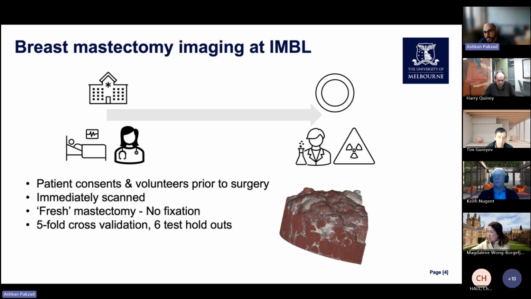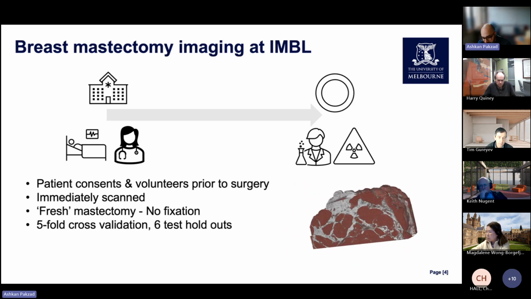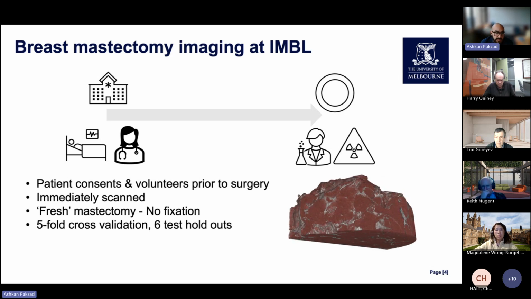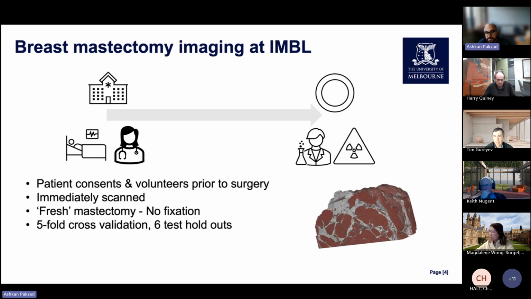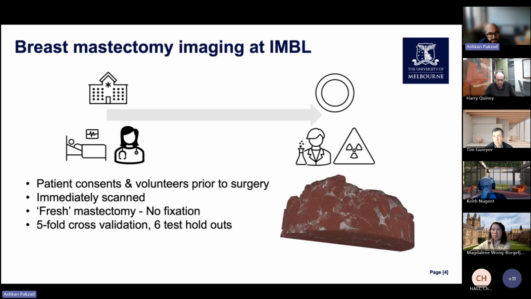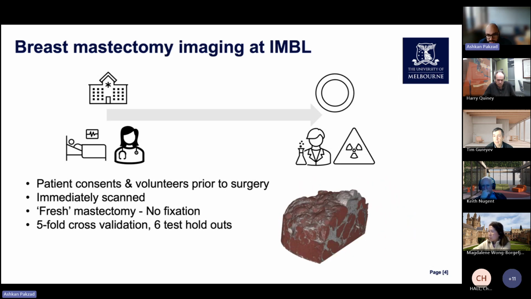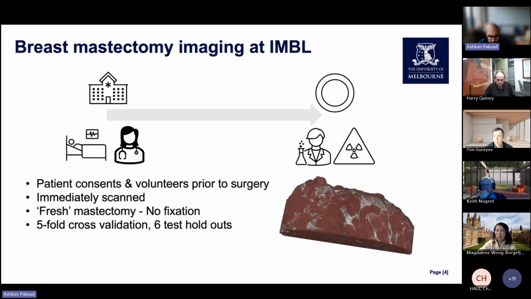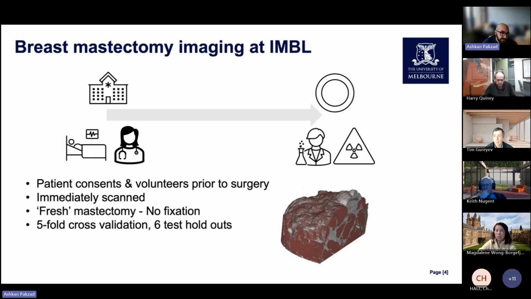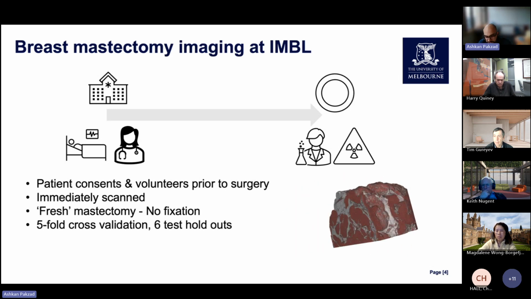And this is part of an ongoing project. And specifically in this study, we have been imaging 34 breast samples, where 6 of them have been held out for testing, and the remaining have been split into 5-fold cross-validation.